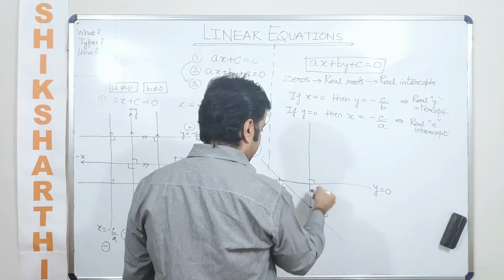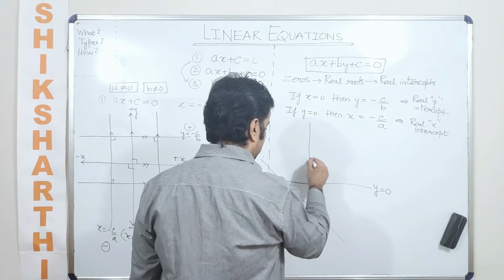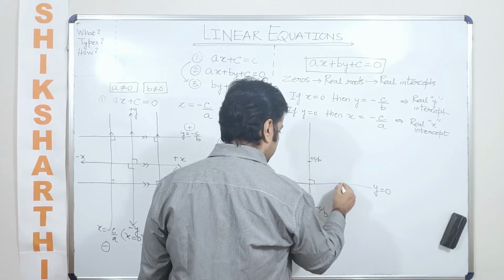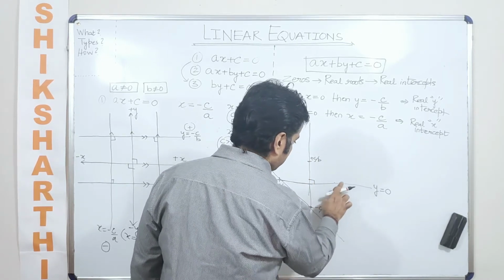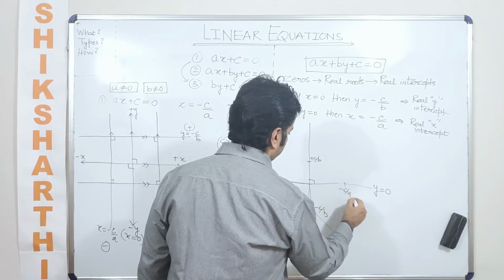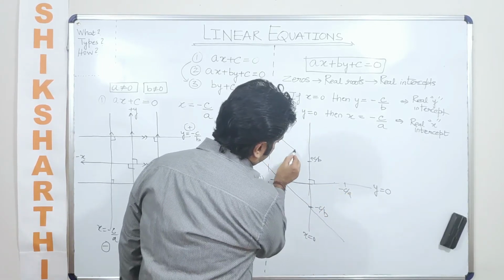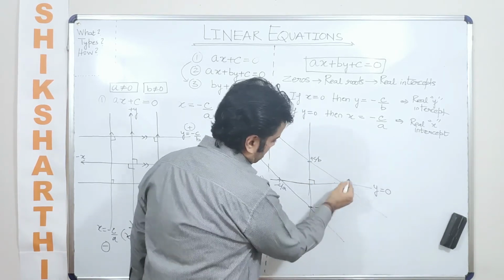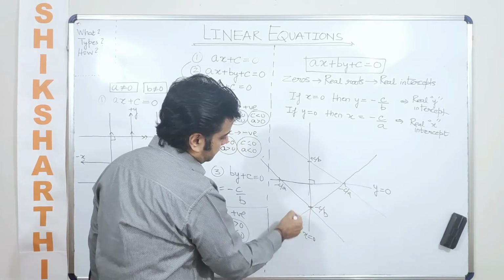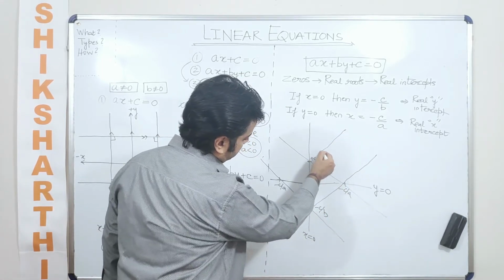Similarly, take symmetric values. Here you can take this as plus c by b, take this as maybe equidistant value, symmetric value, as minus c by a. Join these 2 points.